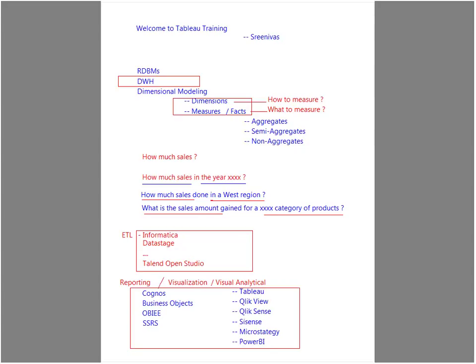That means whatever data we have in our data warehouse, in our organization, we want to present to the end user. The output we want to give to the user using these reporting tools or visualization tools or visual analytical tools. We also come across something called analytical tools.